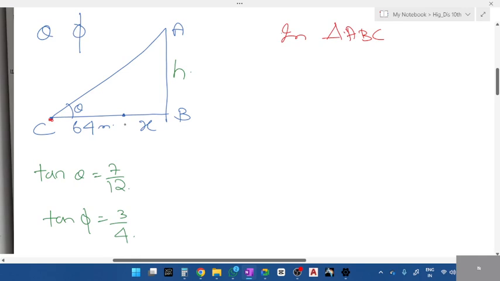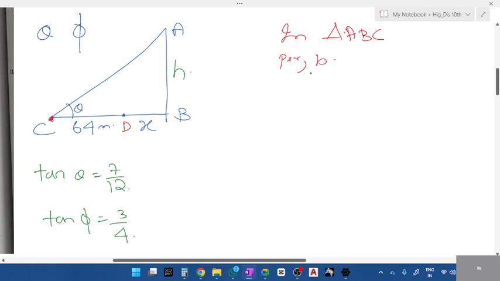Now tell me the value. From point C, what do we need to find, students? All of you unmute and answer. What do we need to find? Correct, height. We need to find height. So that is perpendicular. And what value is given? Hypotenuse is given or base? Base values are given, 64 plus x.